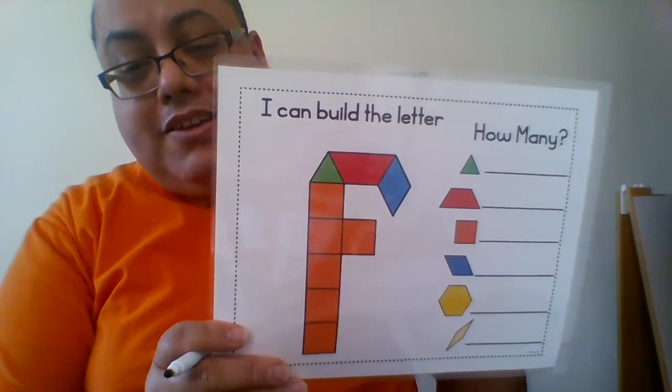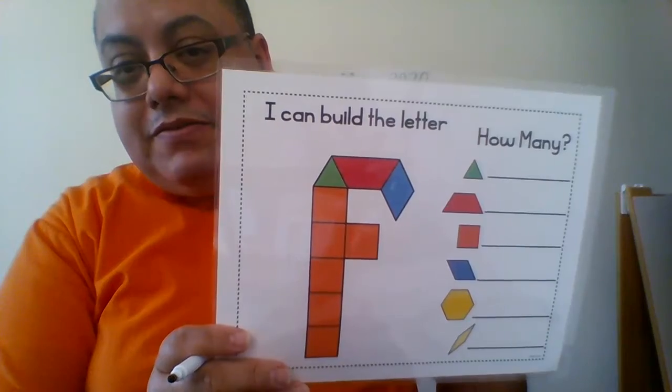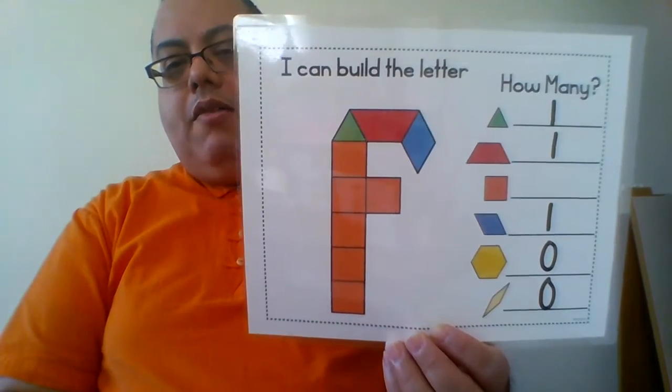Are there any beige rhombuses? Are there any yellow hexagons? No. I didn't mention one. What was that? Exactly. The orange squares. Look at the orange squares and tell me, how many do you see?